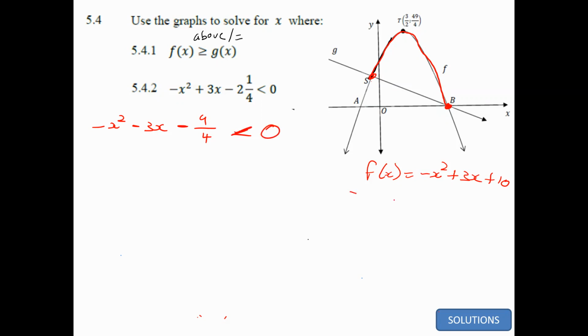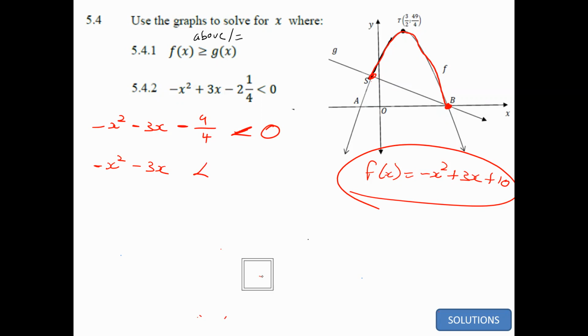Okay, but we've got this graph. So I'm going to try and bring this equation to that form. I want to bring in a 10. Before I bring in a 10, let's take the 9 over 4 to that side. It's causing a problem for me. But if I bring in a 10 on the left, I must bring in a 10 on the right.